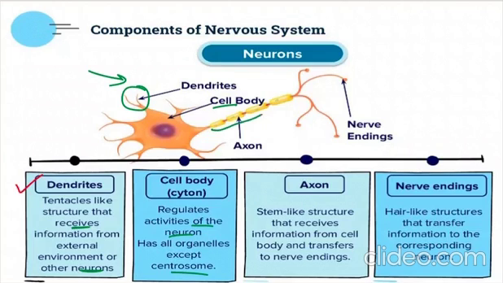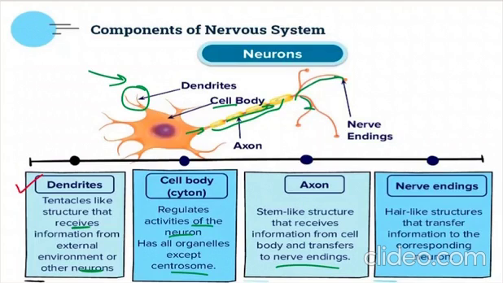Next is this tube-like structure known as the axon. It receives information from the cell body and transfers it to the nerve ending. So it is like the road for transferring information. From the cell body, the information goes through the axon to the nerve ending.